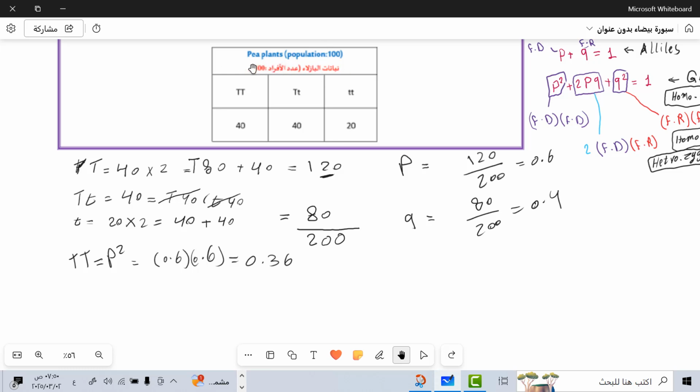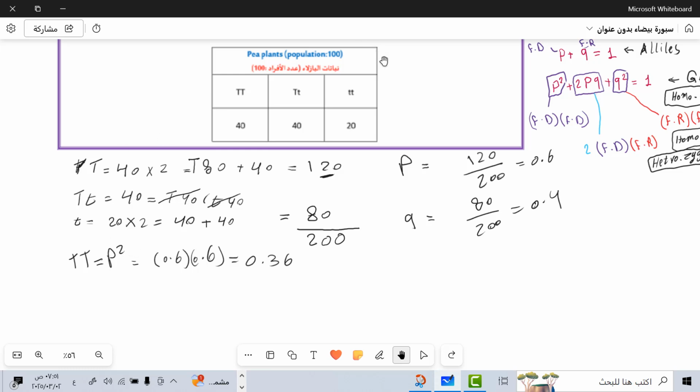This number I didn't mention. Okay, in Hardy-Weinberg, you must before everything count the P and the Q. If you want T capital T capital, it means P square.